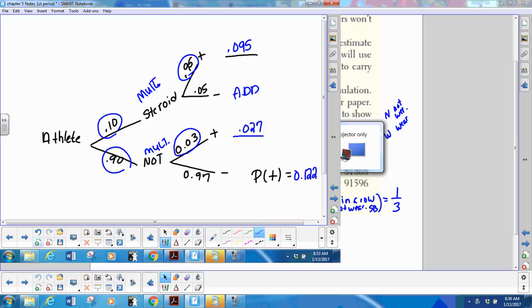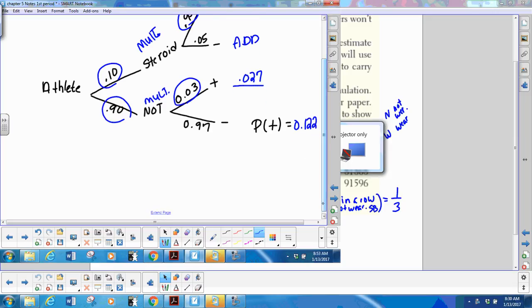And then the C part: suppose the chosen athlete tests positive. What's the probability that he or she actually used steroids? Okay, so we've got a conditional there. The thing that's already happened is they tested positive. What we want to know is, given that they tested positive, what's the probability that they actually used steroids?